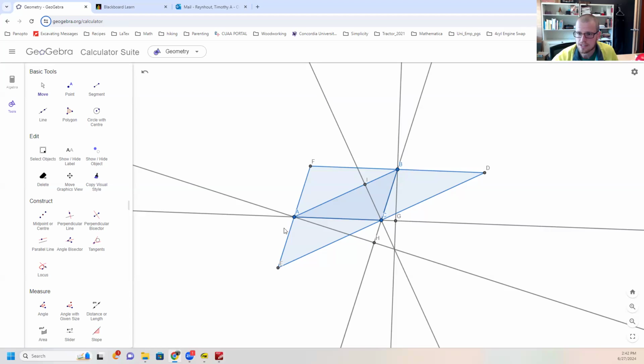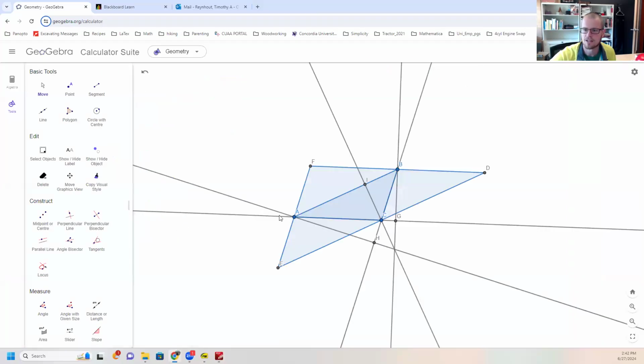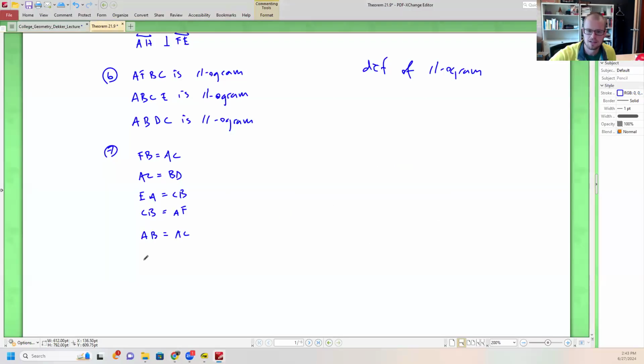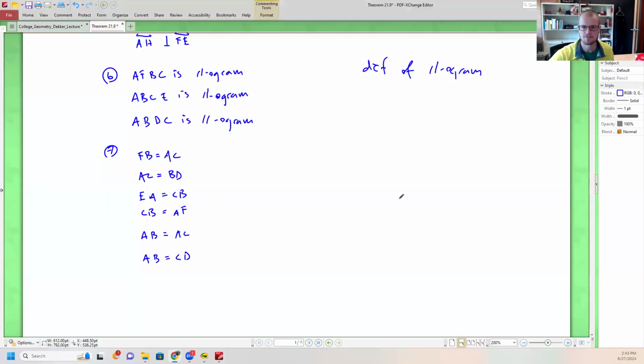Okay, so we got this side, we got this side, so that's just this side. By parallelogram, we get AB is equal to EC, and we get that AB is equal to CD. Fantastic.